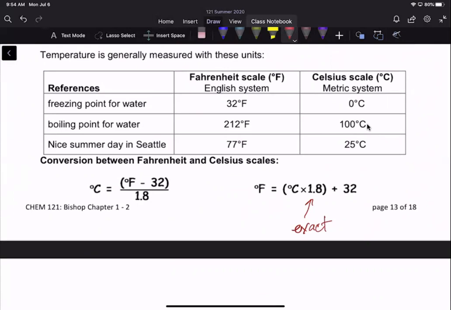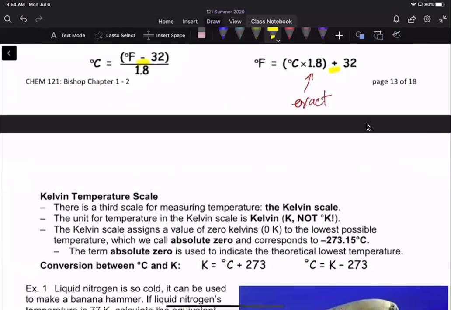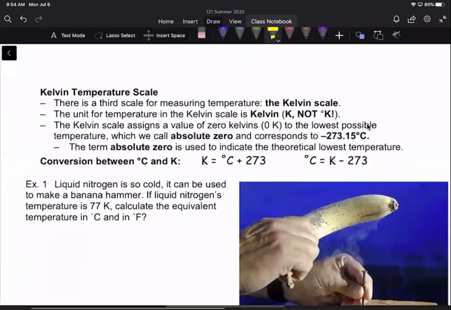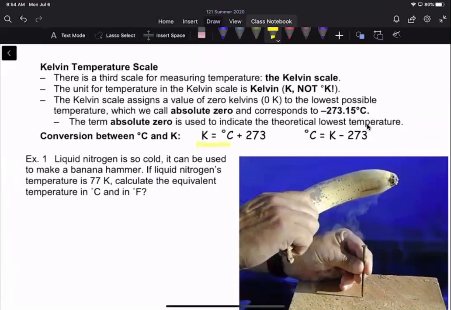But we do have addition and subtraction, so we have to look at decimal places in some of our calculations. Specifically, the Kelvin to Celsius conversions are very important, and that has that decimal place consideration.